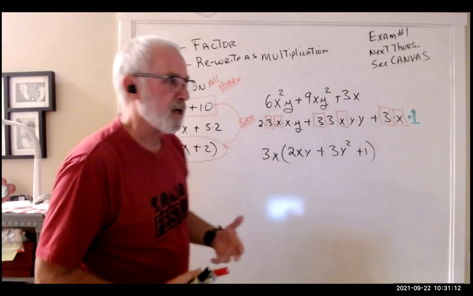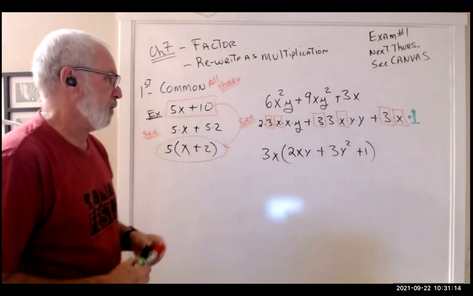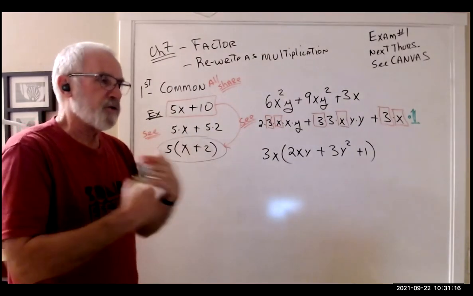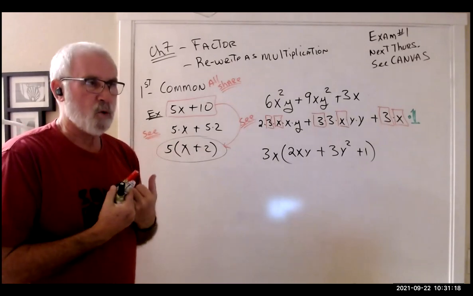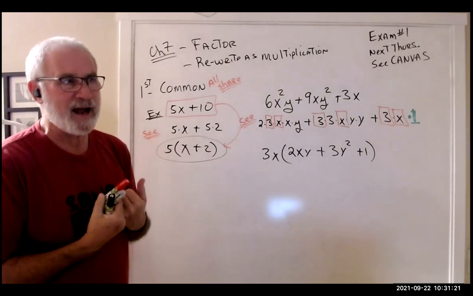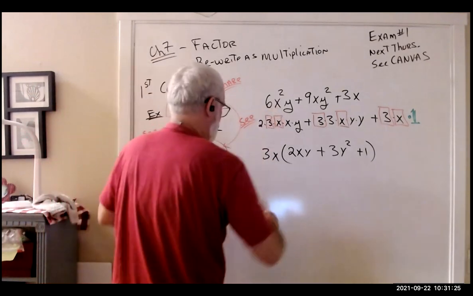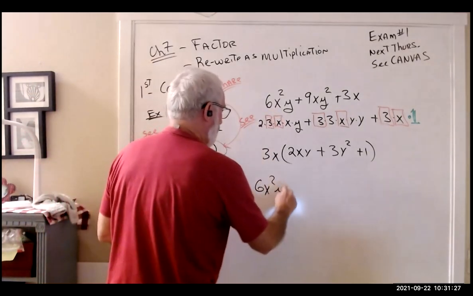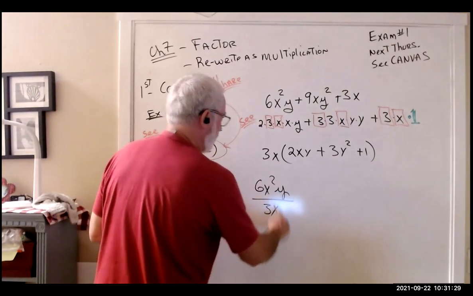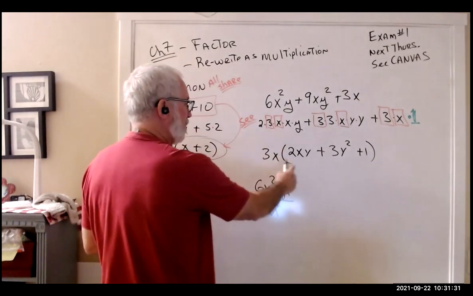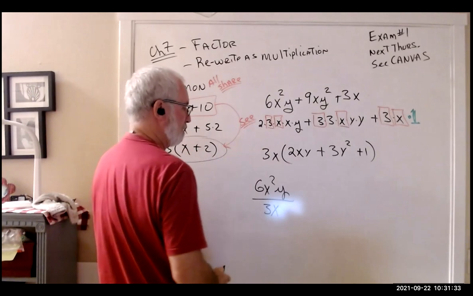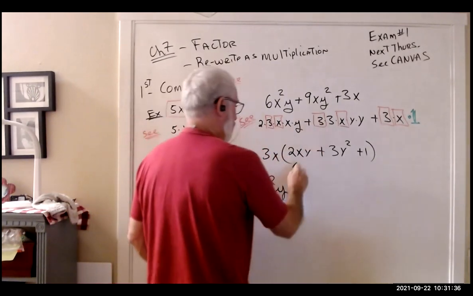The second thing is a little bit more mathematical. Remember I said there's no such thing as pull out. What there is is divide out. If you took 6x squared y and divided it out by the 3x, what they have in common, you'd get that.